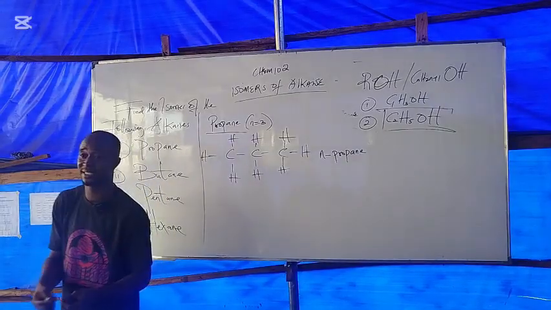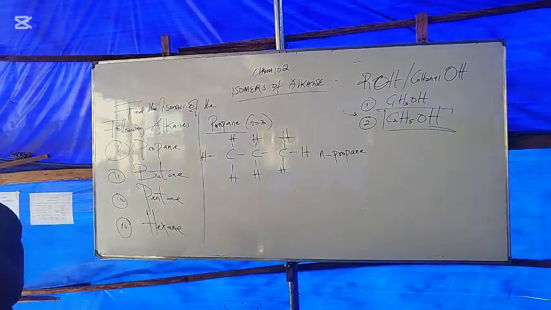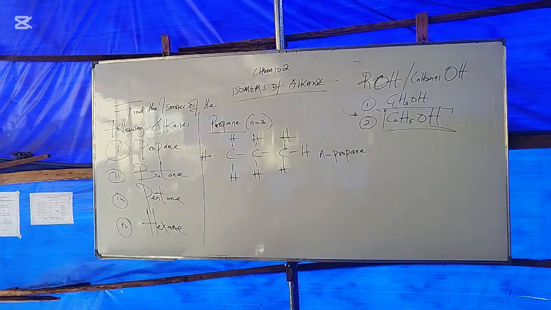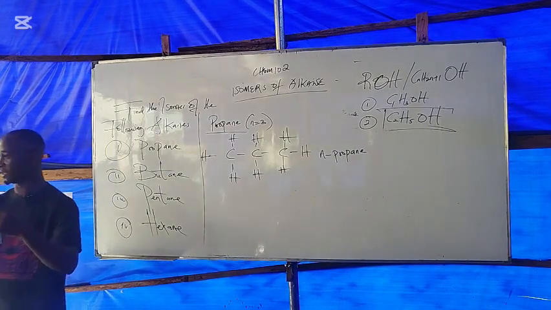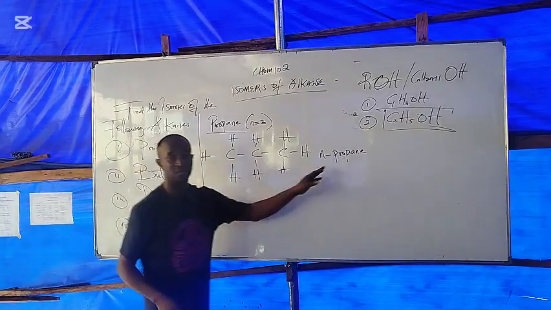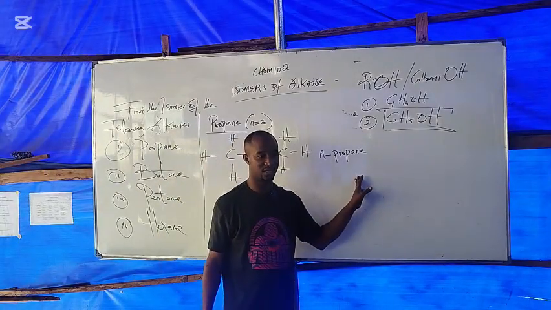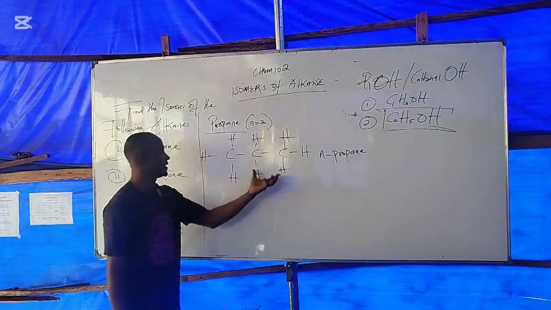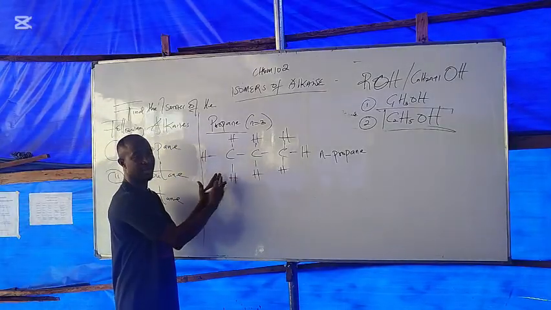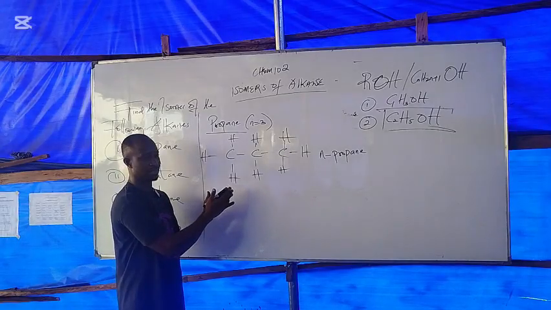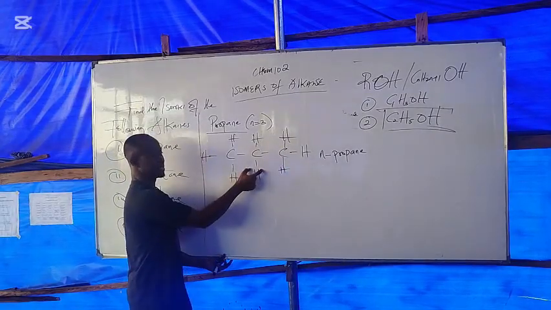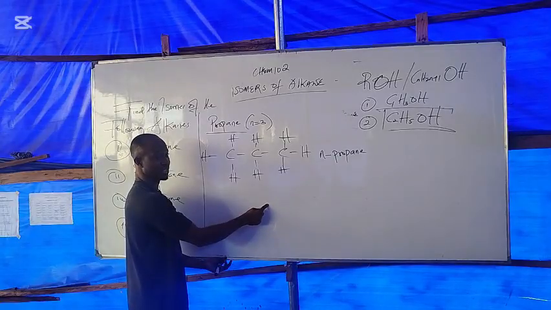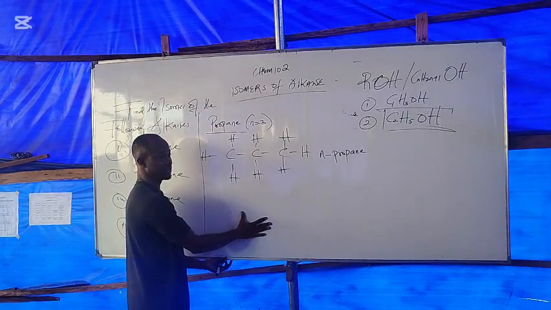Propane itself is an isomer of itself, and it's called n-propane. Do you get the concept? I can't create a branch here. I can't remove this and put it here. I'm still forming the longest chain. Is it making sense?